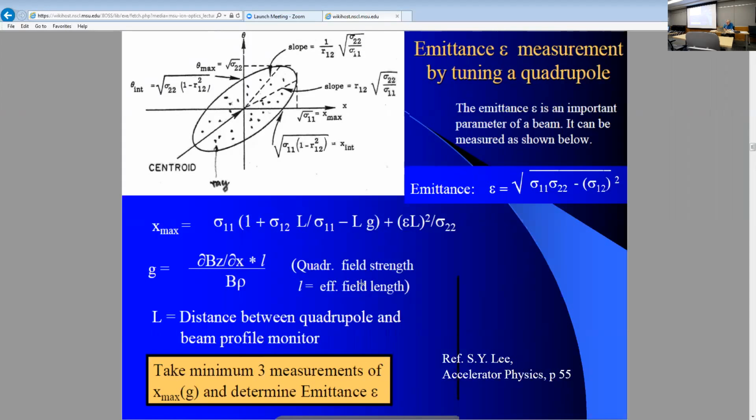So you can change this. So you have only one measurement. Of course, you have no way to deal with sigma 11, sigma 12, sigma 22.